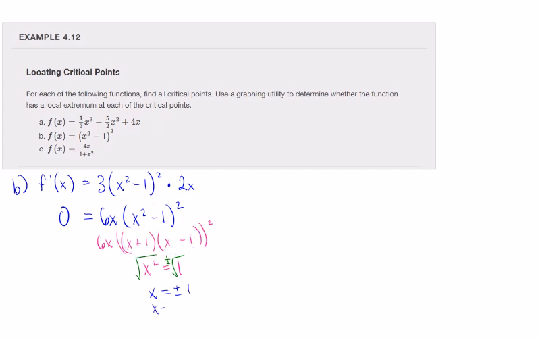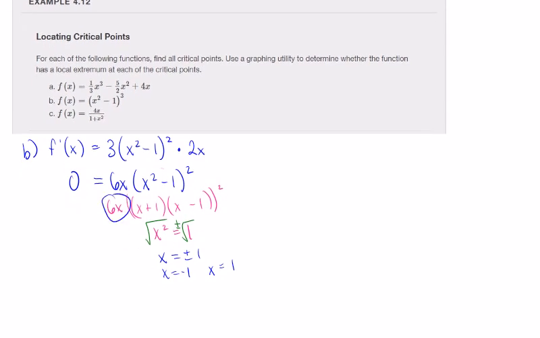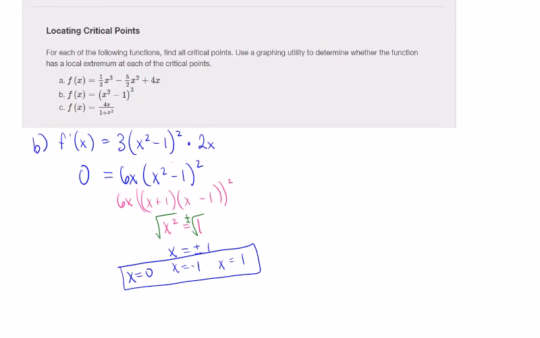You'd get x equals positive 1, or let's do negative 1 first, since this is going to yield a negative, and then this, we'll change the sign there, so that'll be a positive 1. Okay, and then the other value we'll get is if we set 6x equal to 0 and divide by 6, we would get x equals 0. Okay, so these are our three, those are our three critical points.